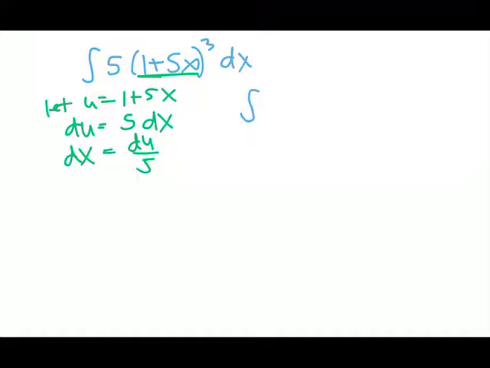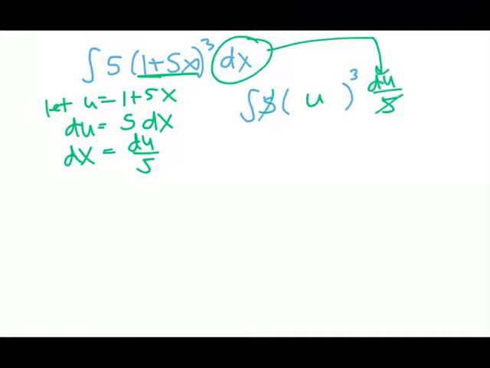So now I'm going to rewrite this integral. I had the integral of 5 times something to the third power times dx. So that something that's inside to the third power is now just going to be u. And instead of dx, I'm going to substitute in du divided by 5.